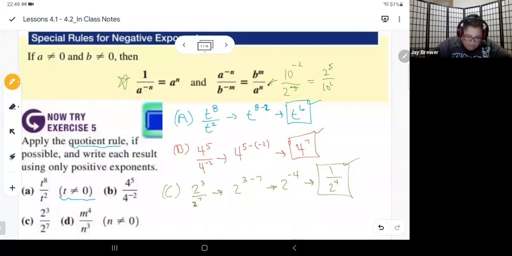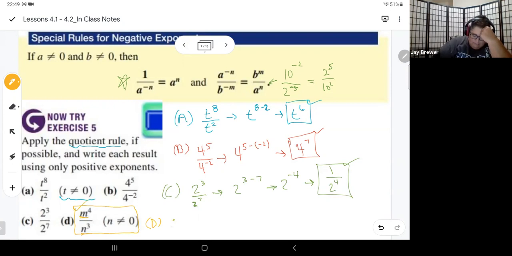Okay, what you need to notice about D, we still need n not equal to 0, because if you look, m and n are not like bases. They are not the same bases. So what we say for D is we leave this, that stays.